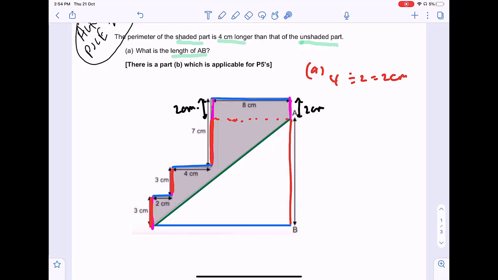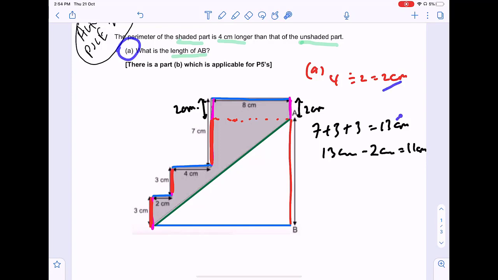So how to find AB? 7 plus 3 plus 3, that will be 13 cm, and we will take 13 cm minus one of those small pink regions to get AB as 11 centimeter. Alright, that's how we do the part A of this question, essentially just 1 to 3 steps.